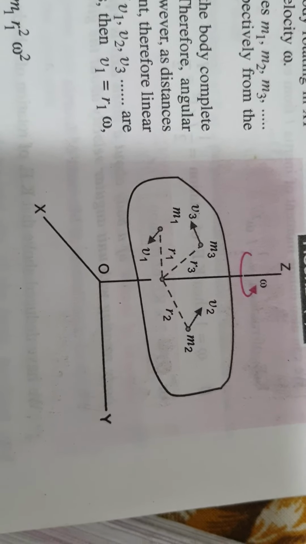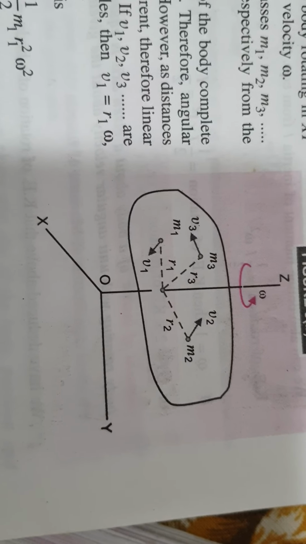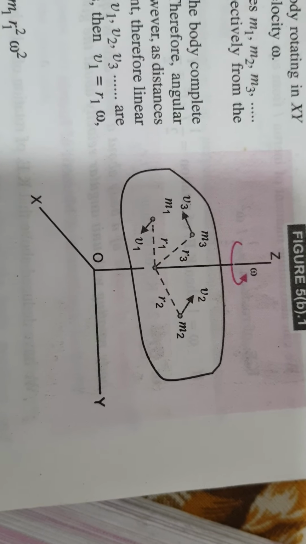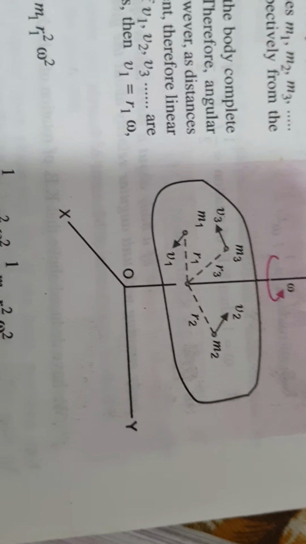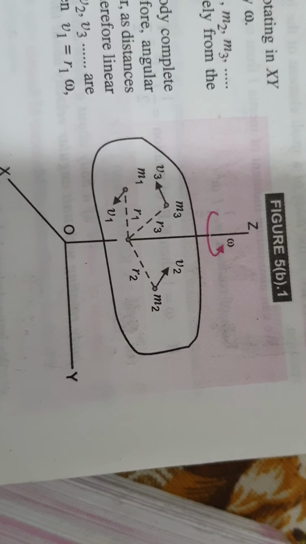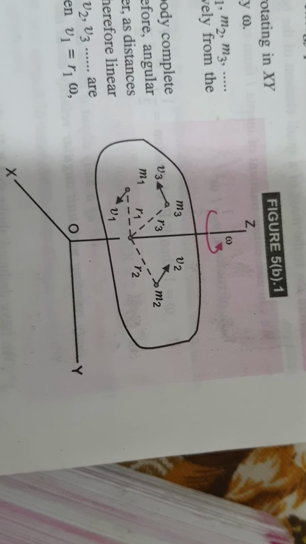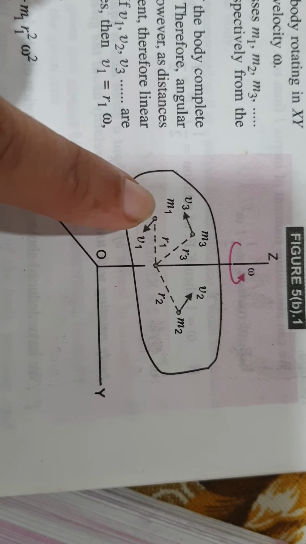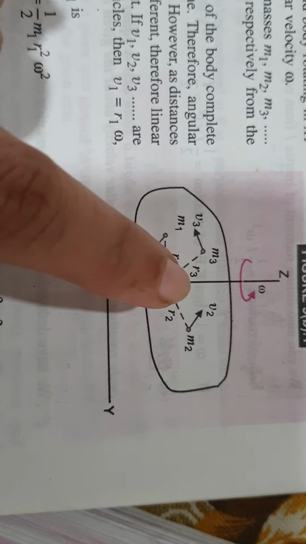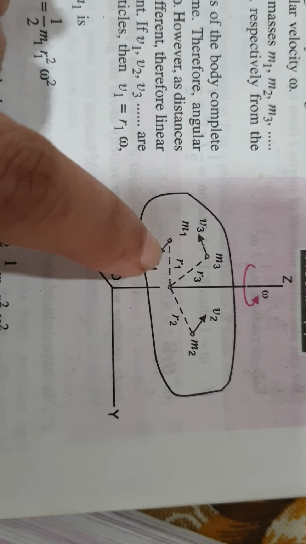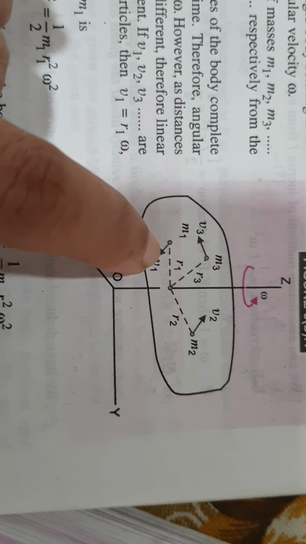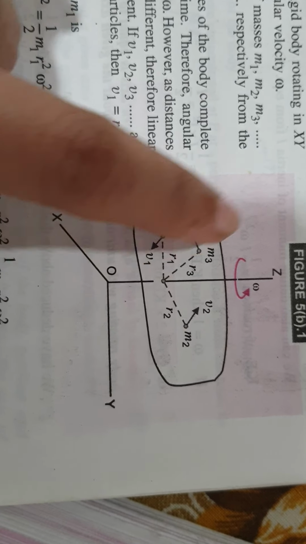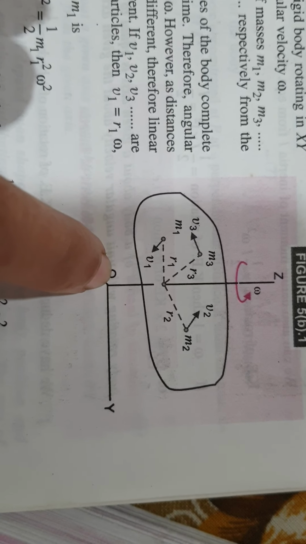In this diagram, we can see that it is in 3 dimensions, an object which is performing rotational motion. As per the diagram, you can see the particle of mass m1, position vector r1. What are these distances? It is the perpendicular distance from the axis of rotation.